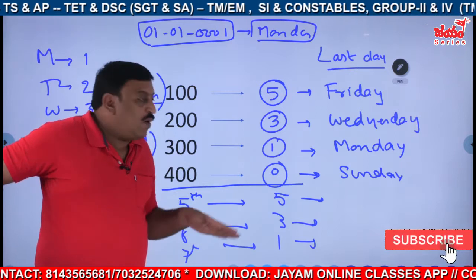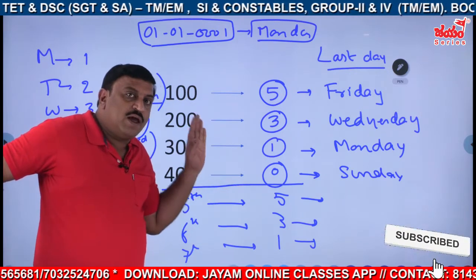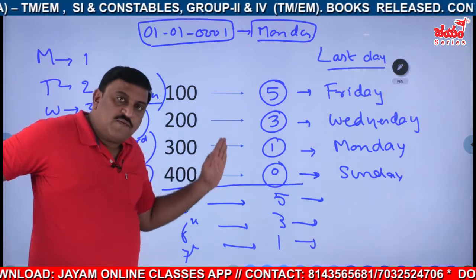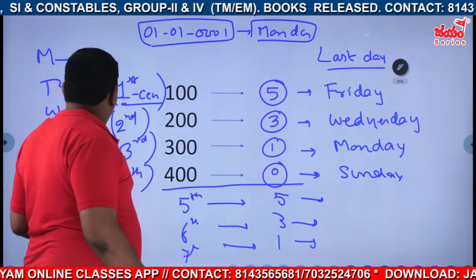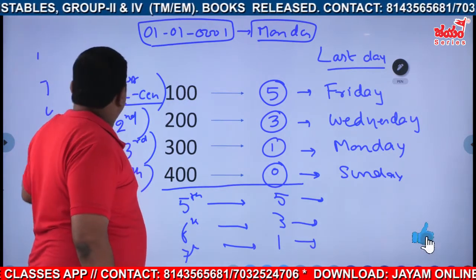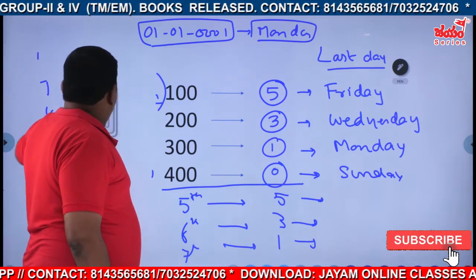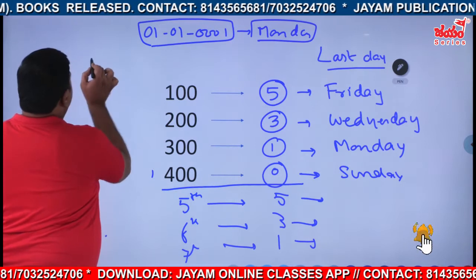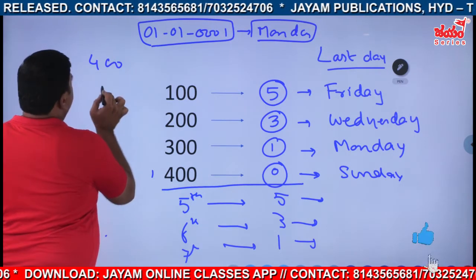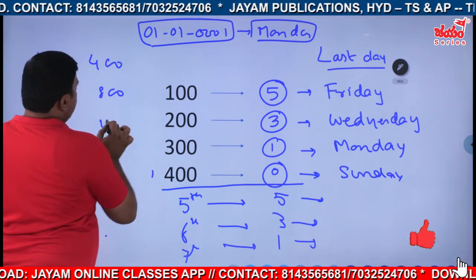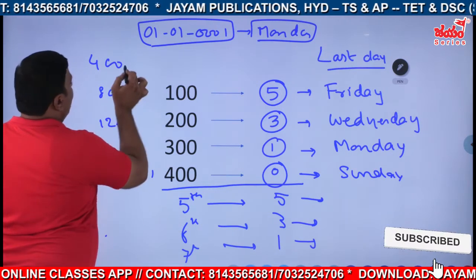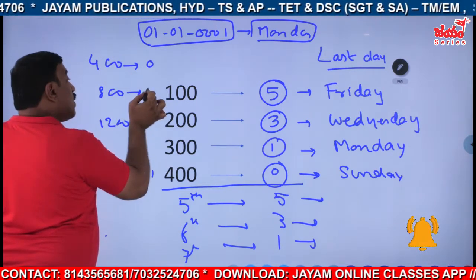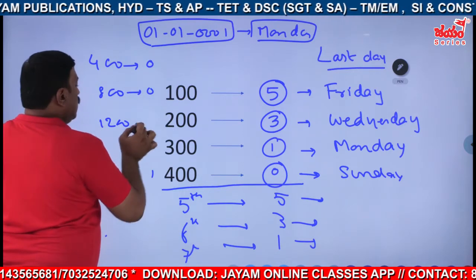So for every 400 years, we will have 0 odd days, right? That is, the 400th year, 800 years over, 1200 years over, all these have how many odd days? 0 odd days, from the first day till date.